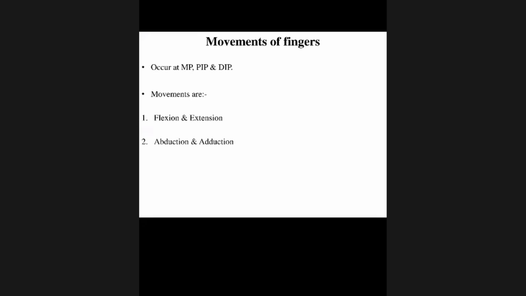Now the movements of the fingers. The finger movements occur at the metacarpophalangeal joint and the interphalangeal joints, both PIP as well as DIP. For the fingers except the thumb, what are the movements? Flexion, extension, abduction and adduction.